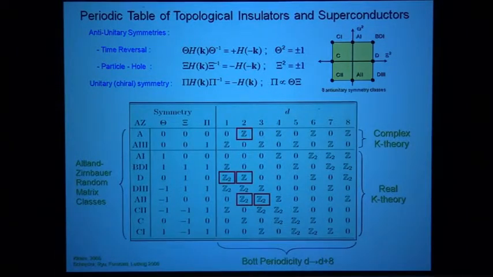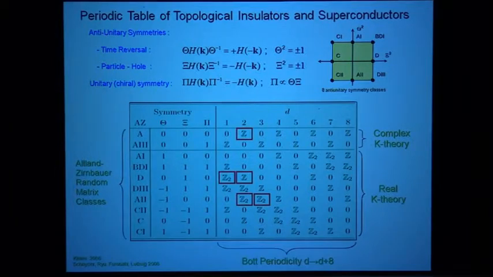So in D3 you do have the chiral symmetry, but in class D, which is a superconductor without time reversal symmetry, in BDG you always have the particle hole symmetry. Once you do the BDG rewriting of the Hamiltonian, the Hamiltonian at K is related to the Hamiltonian at minus K by the particle hole symmetry. The point is that the intrinsic symmetry that you have is an anti-unitary symmetry that involves complex conjugation.